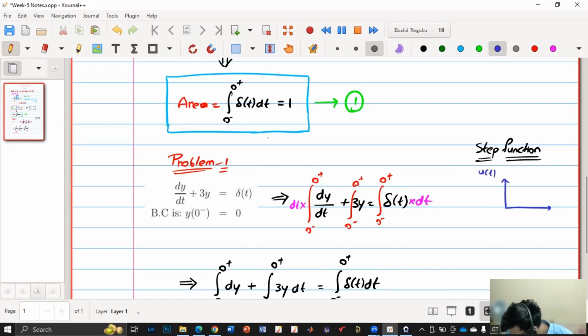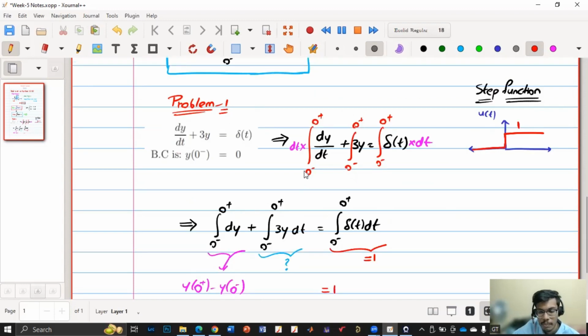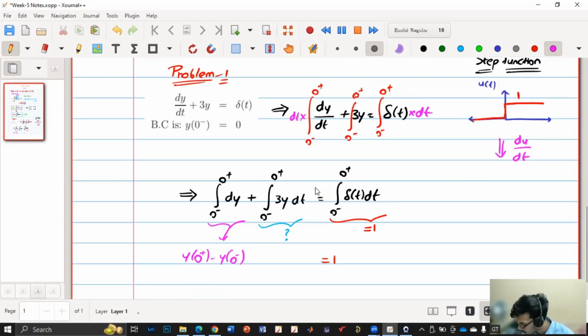U of t is 0 from t equal to minus infinity to 0, and then it has a step to 1. Now, what will happen if we differentiate u of t with respect to t? So, my question is, what is du by dt?